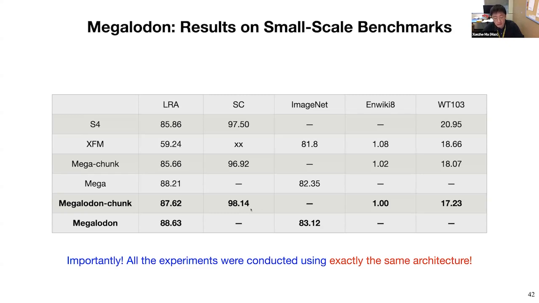I don't want to say that for each benchmark this unified architecture is the optimal one. Maybe if we highly fine-tune some architecture hyperparameters, we can achieve slightly better performance on each different task. But at least our unified architecture achieves acceptable performance compared with other architectures or compared with our own variants.